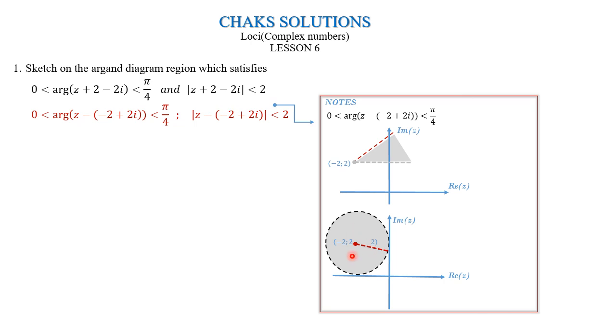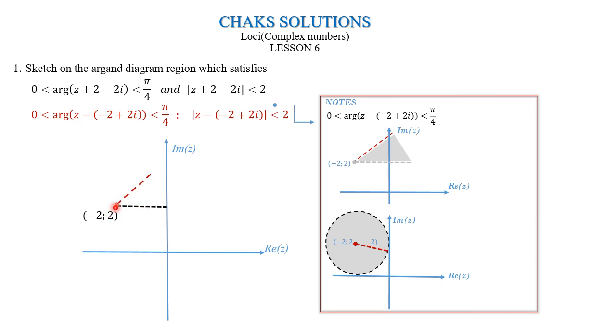Alright, so now we are intersecting these two regions here. Intersecting these two regions is very simple. We are going to plot our point here, -2, 2, and put a radius of 2 units here. Then we also need an angle. We are just combining here.